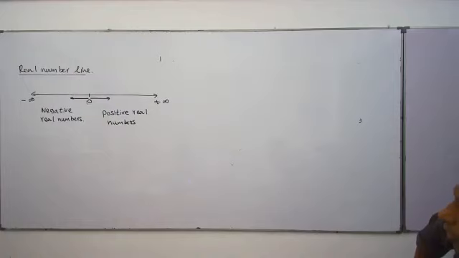The real number line terminates at plus infinity on the right and at minus infinity on the left.